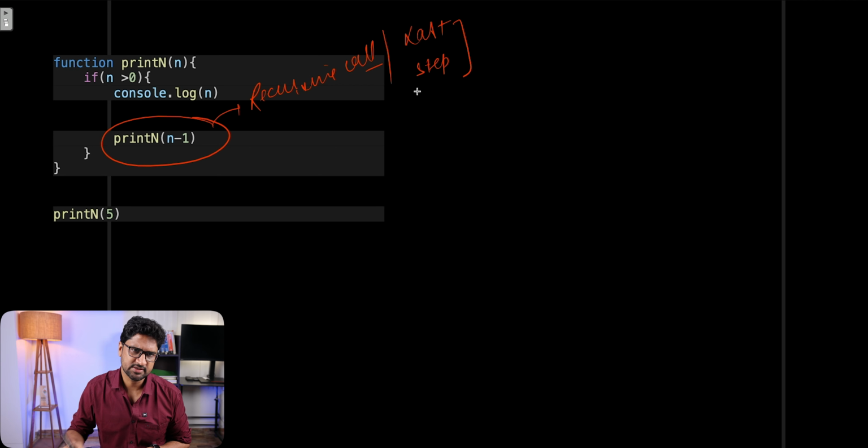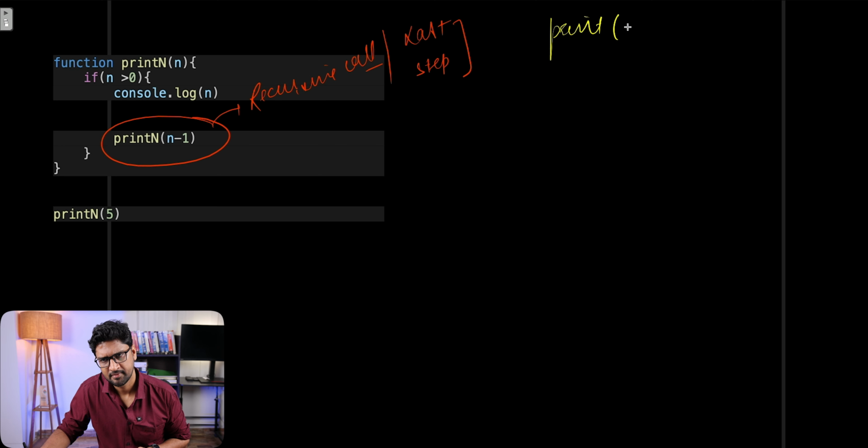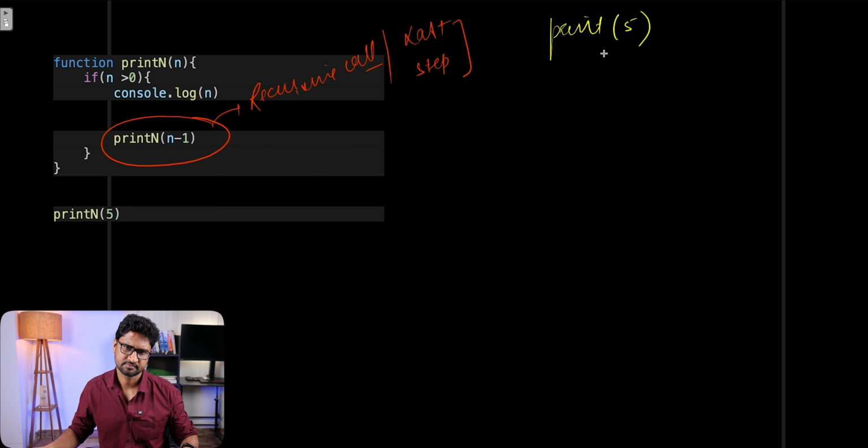So when I call this function, for example, let me call a smaller number like print 4, what will happen?